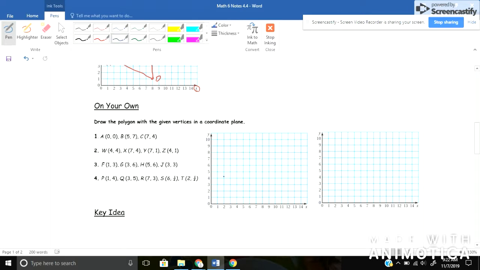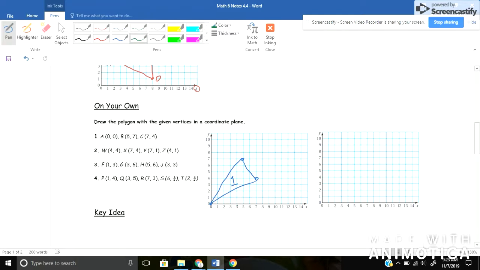Okay, it's kind of handy for me because I can use different colors here. Maybe you want to think about doing that when it comes to your homework. So for number 1, I've got 0, 0. I've got 5, 7. And I've got 7, 4. So it's going to be this triangle shape for number 1. I'm going to use a different color here for number 2, and it's 4, 4.